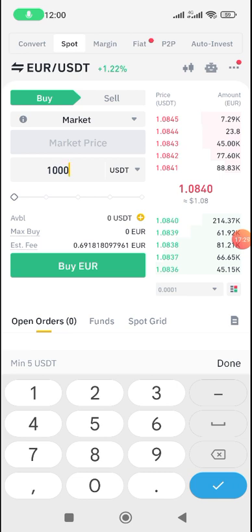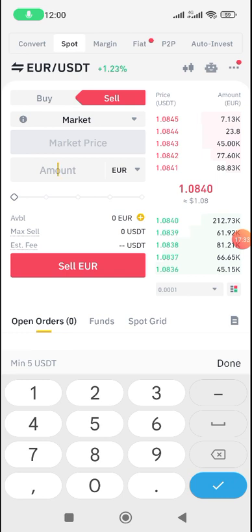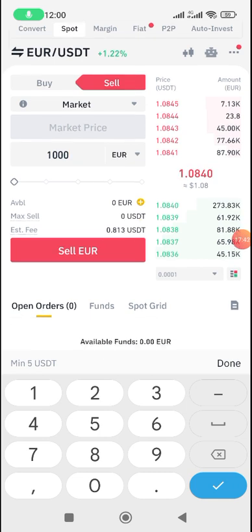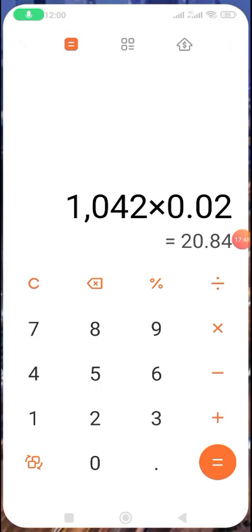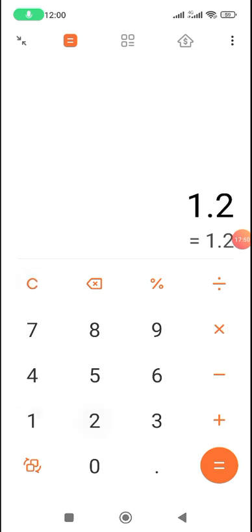So on this side, when you put 1,000 euros, they will just charge you $0.81 fee, but then you're going to be seeing better rates. So it's a 1.2% increase. So 1.2% is like 1.32%.